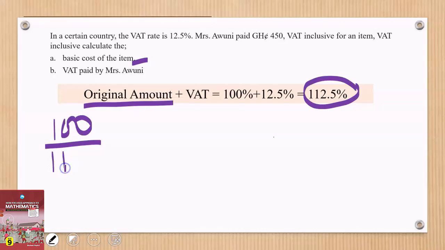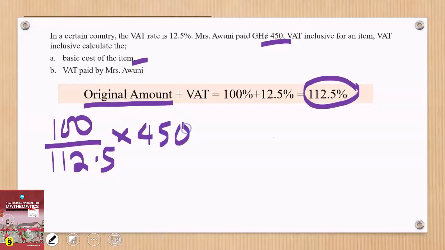And so that will be divided by 112.5. Then we multiply by the amount Mrs. Awuni paid for the cost of the item that she purchased. Now when you do the simple calculation here, you're going to get straight away 400.